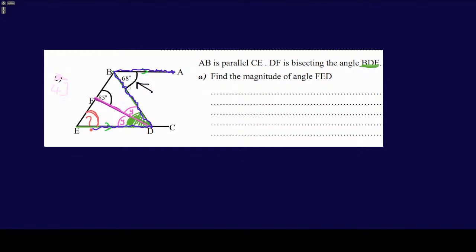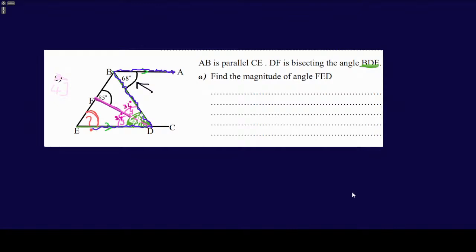So when the lines are parallel, Z angles are equal. So the green angle is 68 degrees. So if the green angle is 68 degrees, and since DF is bisecting the green angle, each of these Y is got to be 34. 34, 34. 34 and 34 altogether make 68. Right. So we found that.